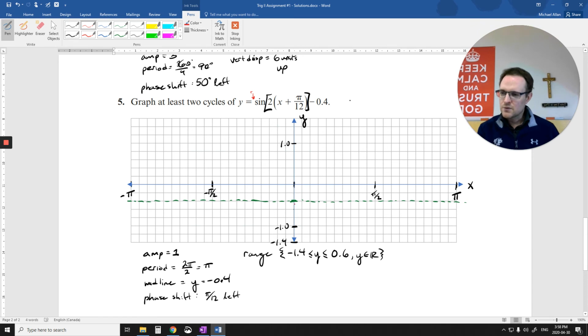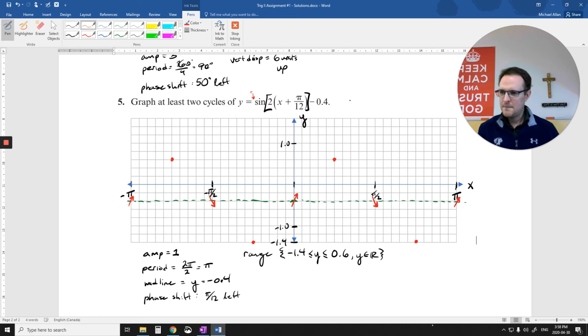So through the midline, going upwards, down, then up, down, then up. Awesome. Halfway between, I should be at a maximum. Halfway between, I should be at a minimum. Halfway between, I should be at a maximum. Halfway between that, I should be at a minimum. Yep.